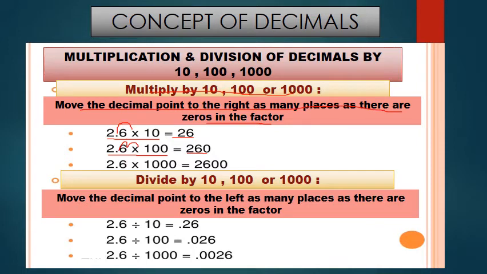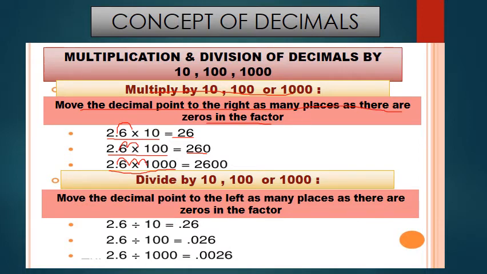When we multiply this decimal number 2.6 by 1000, we move the decimal point three places to the right. We don't have any digit on the right side after 6, so we place zeros.